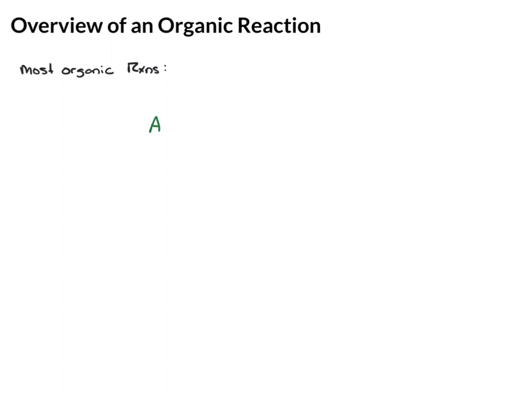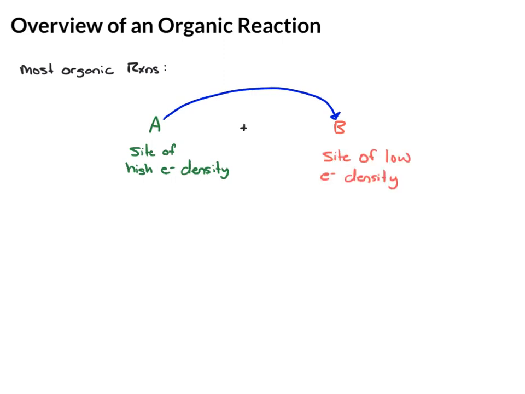We'll say A plus B. And basically what happens is A reacts with B. And we're going to show an arrow going from A to B. And basically what this is, is a site of high electron density in A reacting with a site of low electron density in B. And these two species are given very special names.